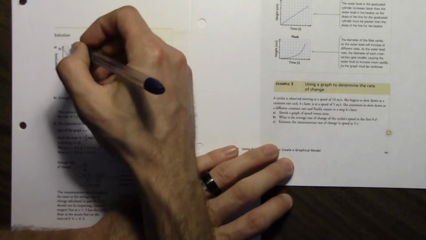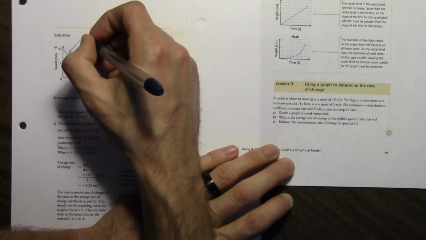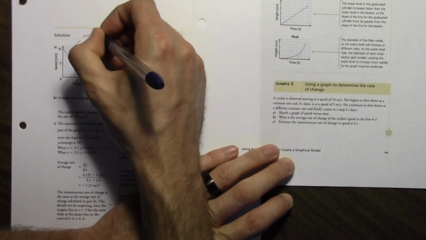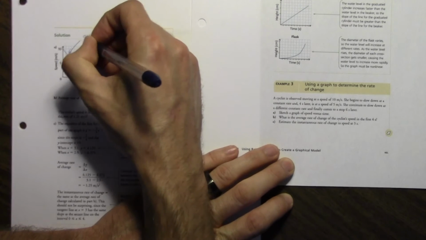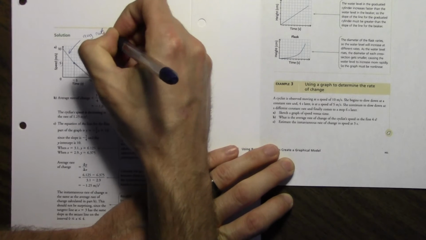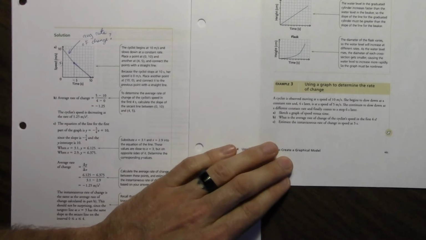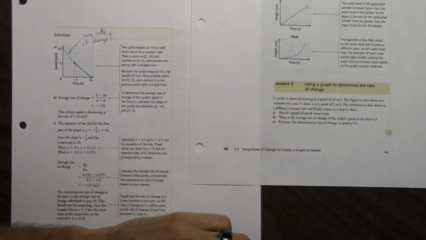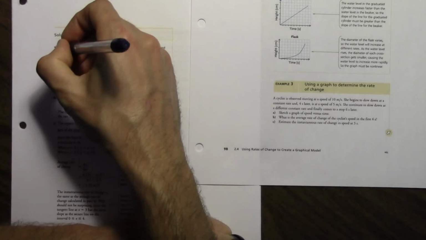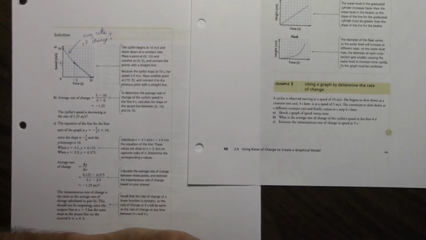So how am I going to figure that out? So what's the average speed first? So you take 2 points off of the line. Which points?